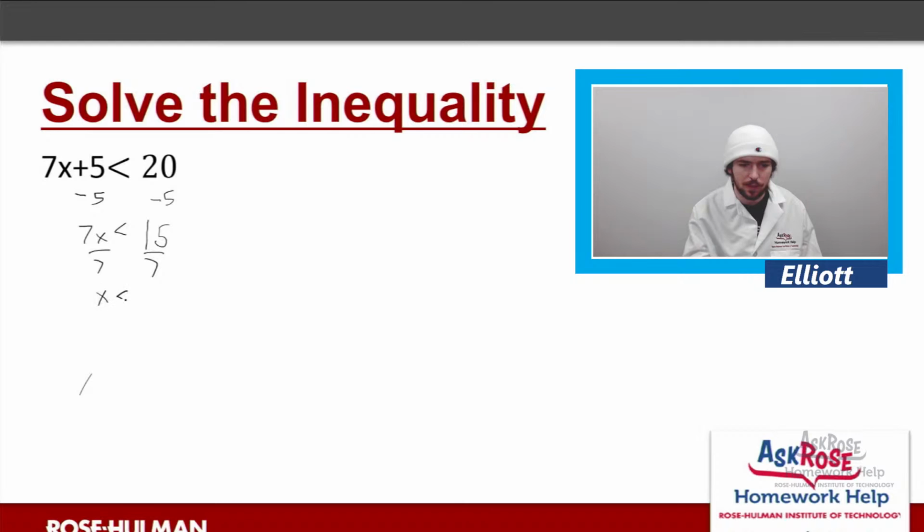So x is less than 15 over 7. Once we get to an answer that comes to more of an integer or a whole number, let's see if there's one in here. This one would be a good one.